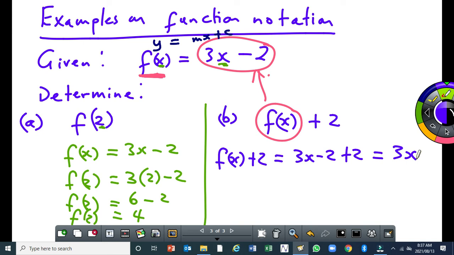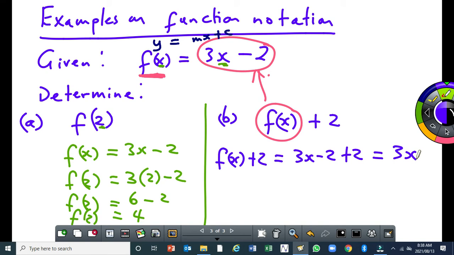Now, I can visualize this as this graph. I hope you know that the minus 2 is called the y-intercept, from grade 9. It is the value of y when x is 0. If you move this graph by 2 units up, you get to a point where, let me show you a little bit.